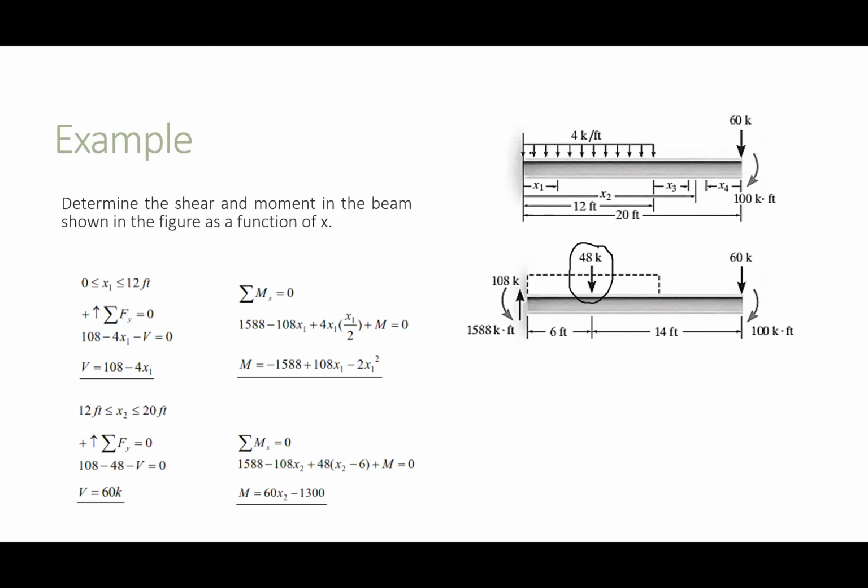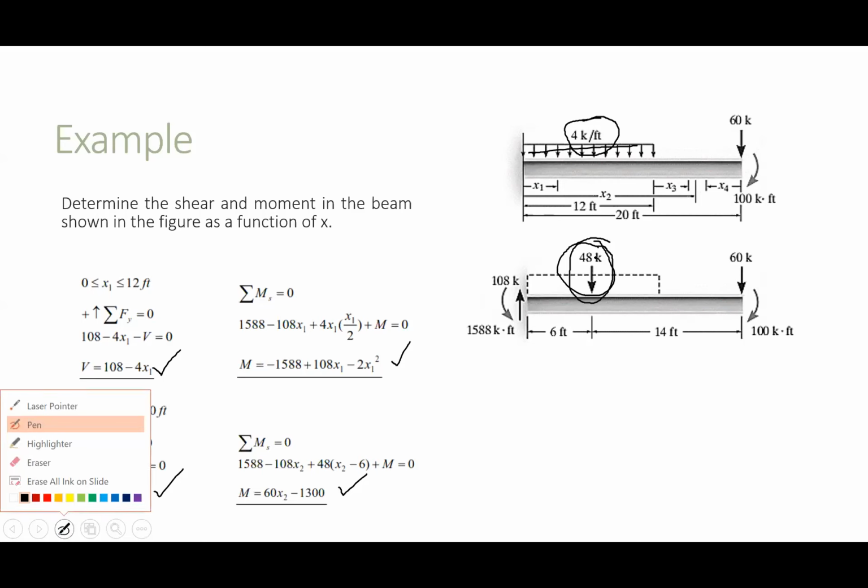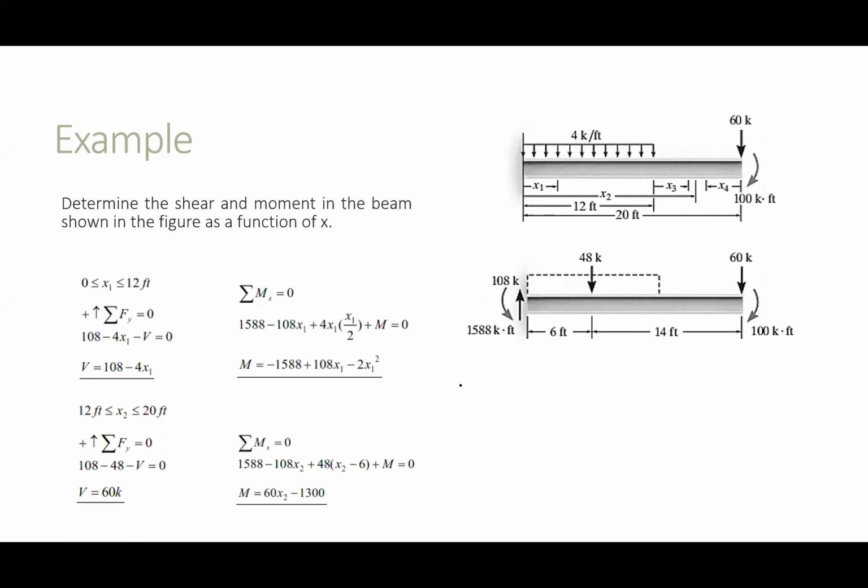Kapag kinukuha nyo yung mga equations, dapat in terms of the original load, which is the uniform load, not the counterpart na concentrated. Kasi mamamali yung sagot nyo. Ulitin ko, kinonvert lang siya for the sake na makompute natin yung reaction. Mas mapadali. Sinimplify lang natin.